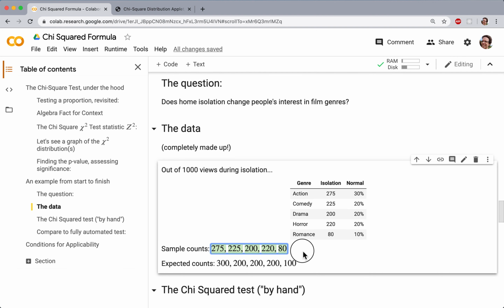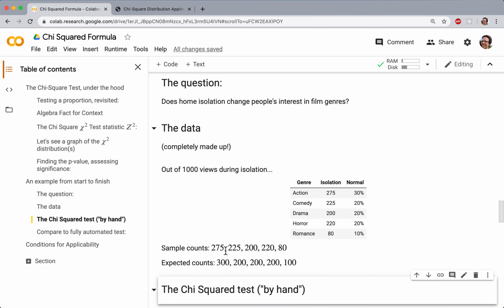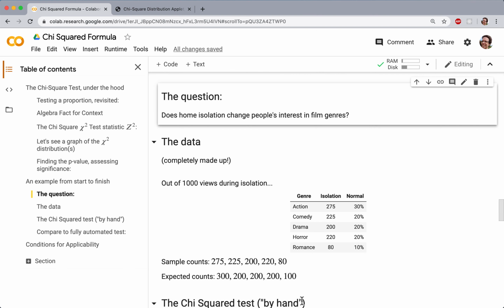These values are the actual counts. These are the Ci hats, because those are the actually measured counts, which occur in the numerator of the formula, C1 hat. So the Ci hats are the actual measured data, and the Ci's are the anticipated values.